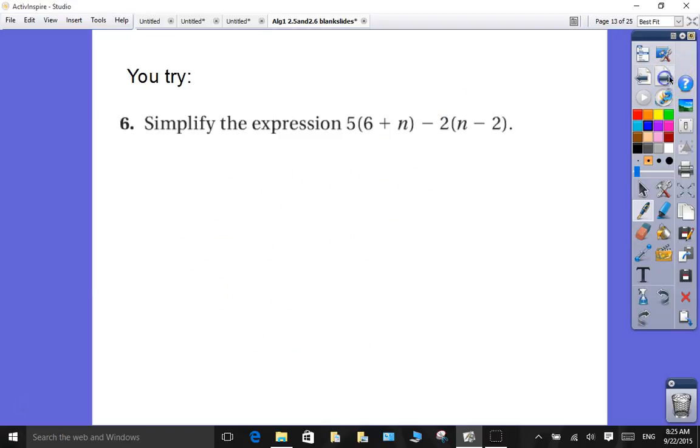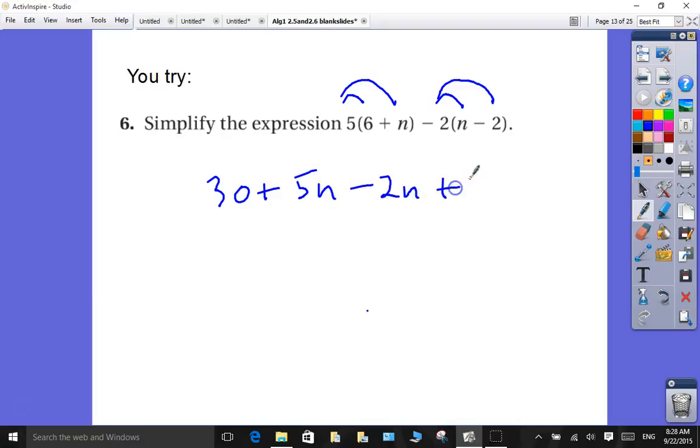So I think the next is for you. You try that. Okay, so it should have looked like this, right? It should have been 5 times 6, 5 times n, negative 2 times n, negative 2 times negative 2. So that's 30 plus 5n minus 2n plus 4, right?